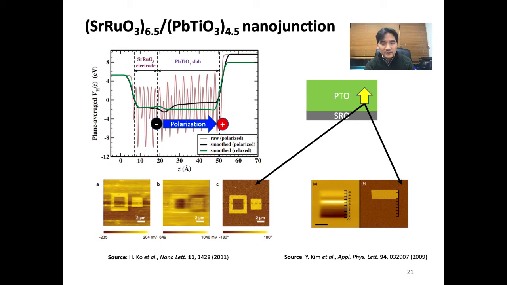It predicts that we will have up polarization. And indeed, if you look at two journal papers that we published, one in Nano Letters and the other in APL, on epitaxially grown SRO-PTO films, you can see that the as-grown state favors up polarization, as confirmed by PFM, which is piezoresponse force microscopy, Kelvin probe force microscopy, or scanning resistive probe microscopy.